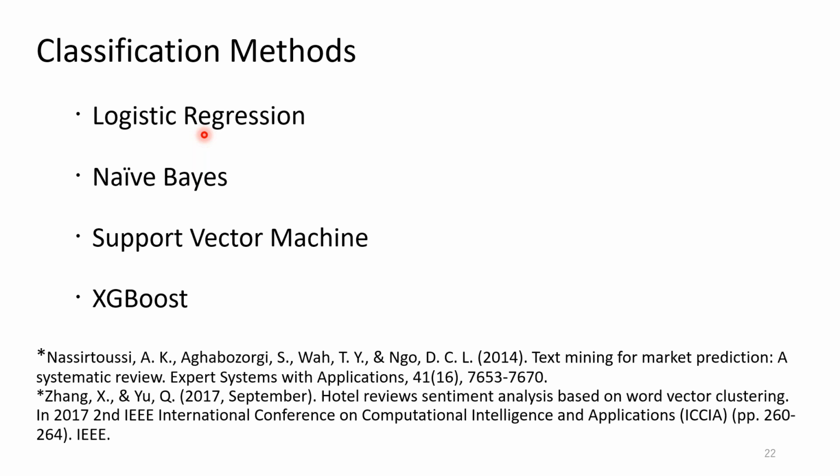Naive Bayes and support vector machine are the most popular methods in sentiment analysis, and showed good results in previous studies. And recent studies have applied XGBoost to sentiment analysis, so I included it in this project.